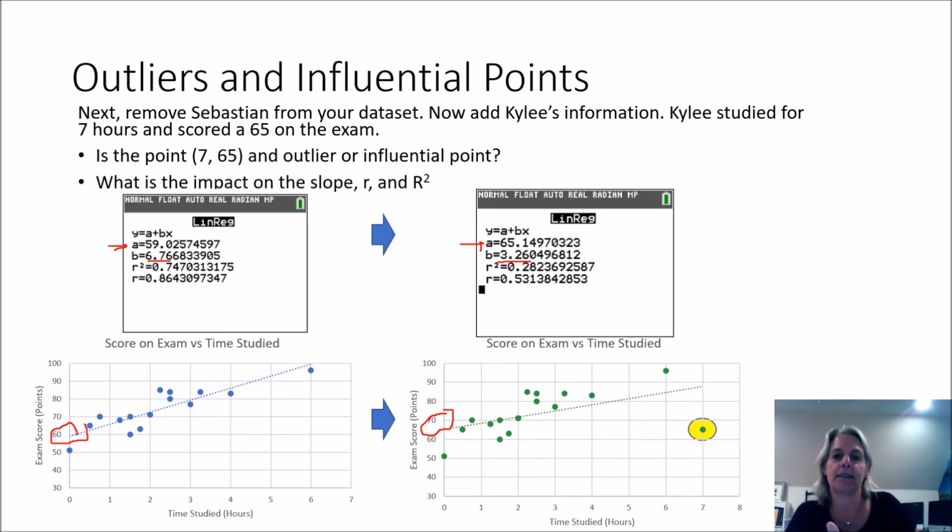If it's a really far out X value, then I could have a situation where the R value, the correlation, actually goes up, because now I have a group of points that don't look very linear, but then I add this point way out here that makes it look very linear. So you have to be a little bit careful with R, but notice how influential Kylie's data is to our overall line. So you want to note all the changes and the impact of adding Kylie's data to our data set.